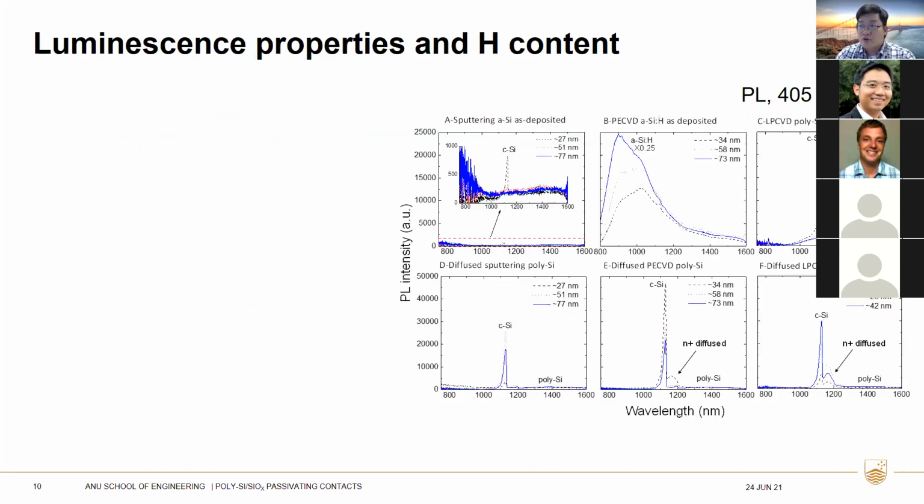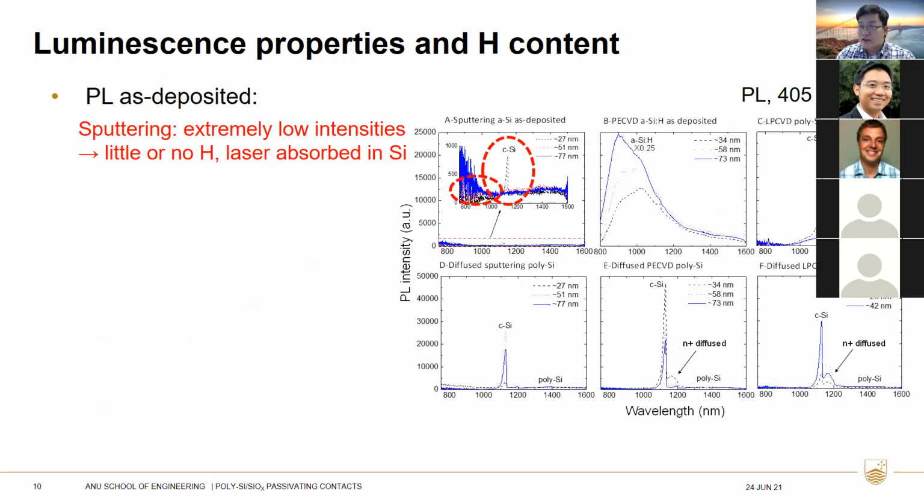Let's compare the luminescent properties and the hydrogen contents. We note here that the PL spectra were captured at 80K using a 405 nanometer laser. For the as-deposited films from different deposition methods, you can see that on sputtering, there's extremely low intensity and no hydrogenated amorphous silicon PL peak, and also no crystalline silicon PL peak, which indicates that there is little or no hydrogen inside the films, and the laser light is mostly absorbed in the silicon films.